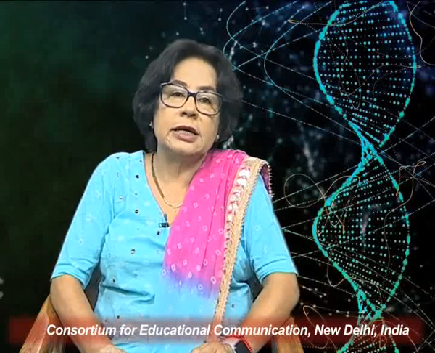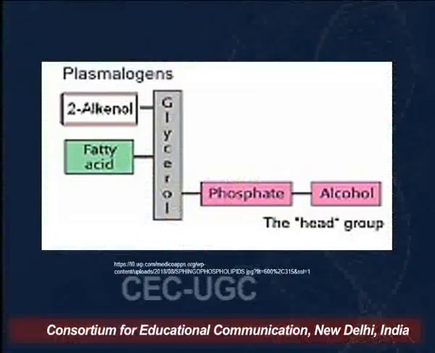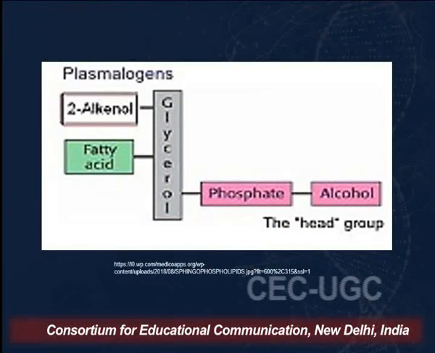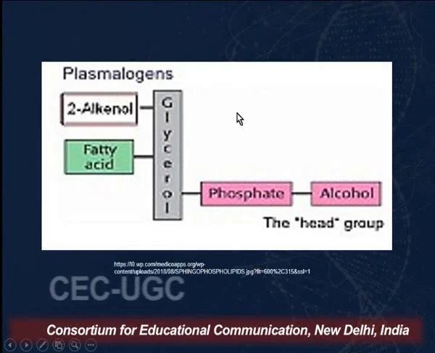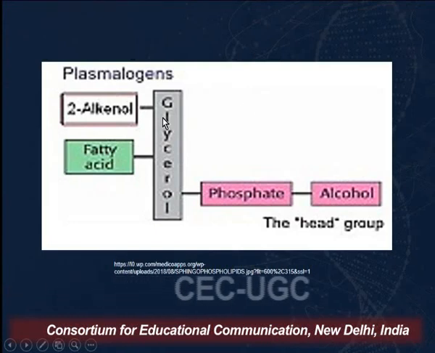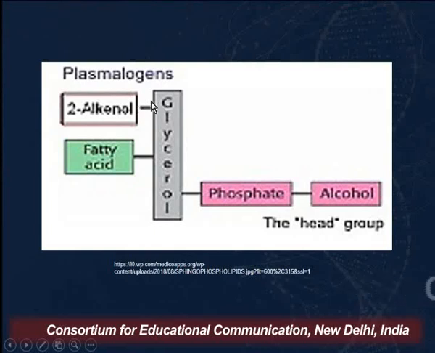phospholipids, like the one in which we have an ester group, in ether lipids what we have is a glycerol backbone here. But how do they differ from the ester phospholipids? In them there is a bond between a long chain alcohol, that is an unsaturated alcohol, and the first OH of the glycerol.